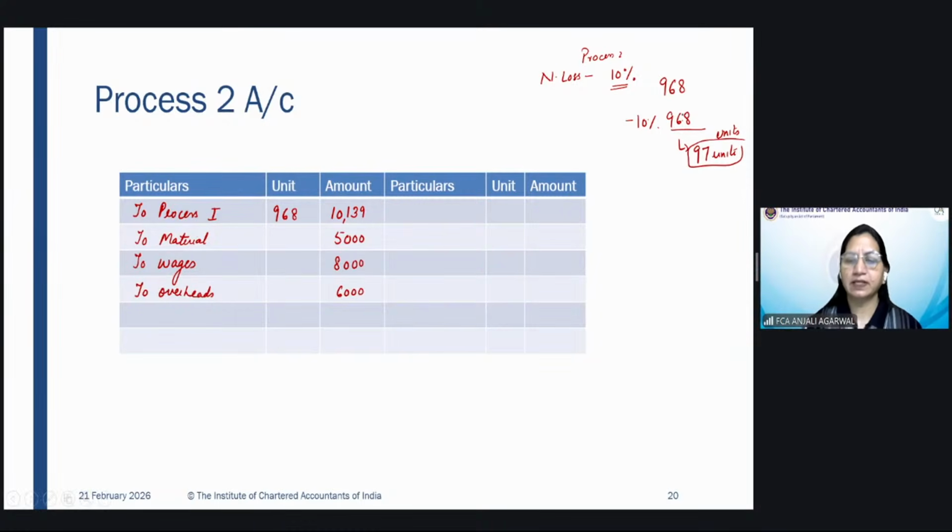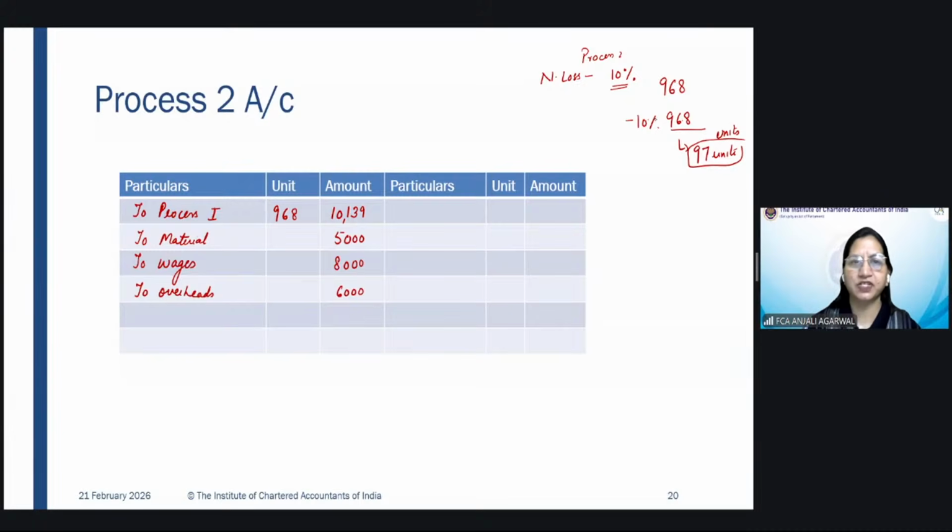If you keep it at 96.8, you can mention in the assumption that for theoretical purposes, we have assumed that fractional units can also be a normal loss or abnormal loss. But here I have rounded off to 97.